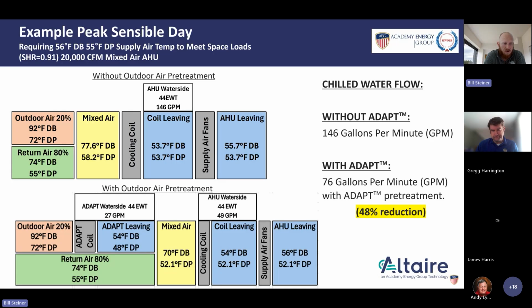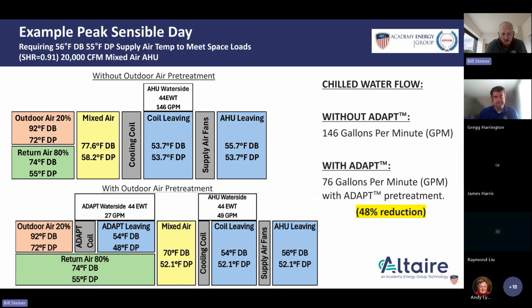In the first scenario, we're using 146 gallons of water per minute to meet conditions with the given outside air and return air temperatures. Versus when we use outdoor air pre-treatment and we treat that outdoor air before we mix it, now we're only using 76 gallons per minute. That's nearly 50% reduction. And it's for no other reason than it's simply more efficient to treat that outdoor air before we mix it with the return air.